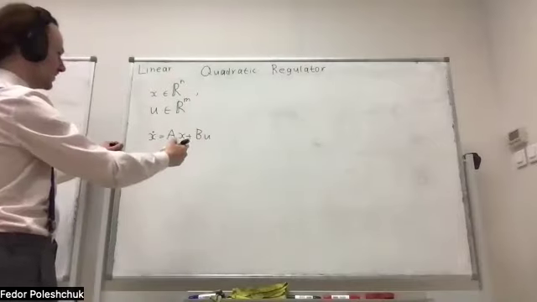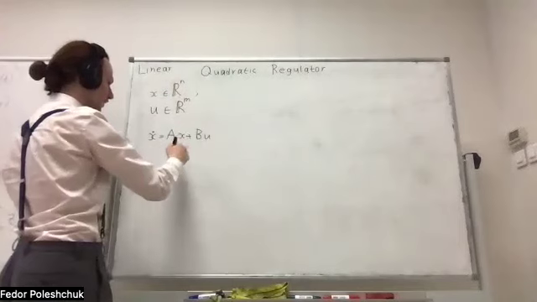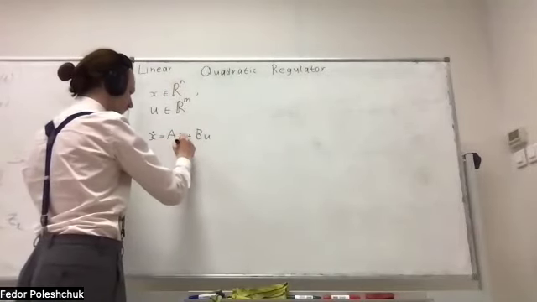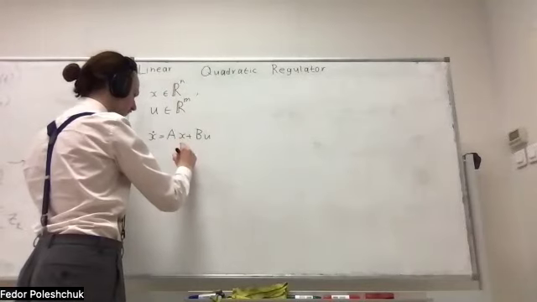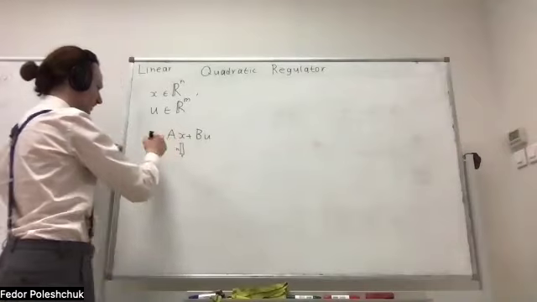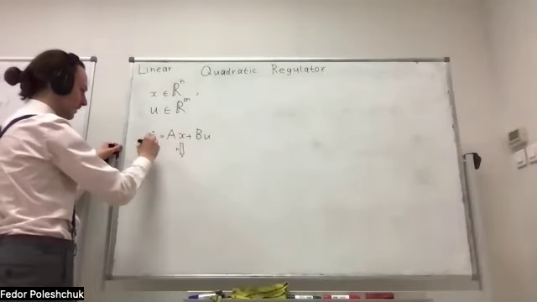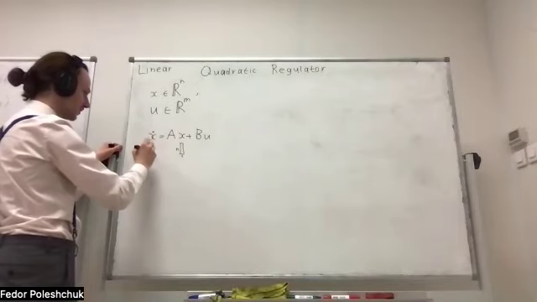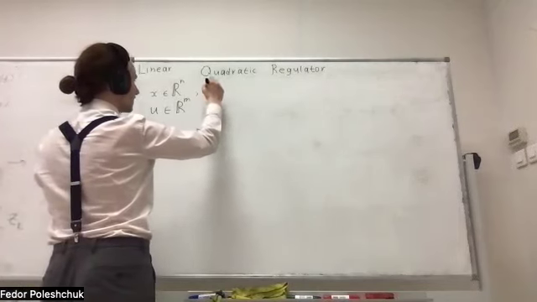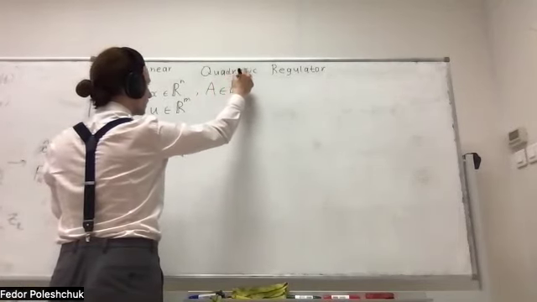And matrix A has to be a matrix of n times n, because this vector, n by 1, has to be multiplied by this matrix, and we have to get another vector of the same dimensions, n by 1. So A has to be a matrix of n by n elements.